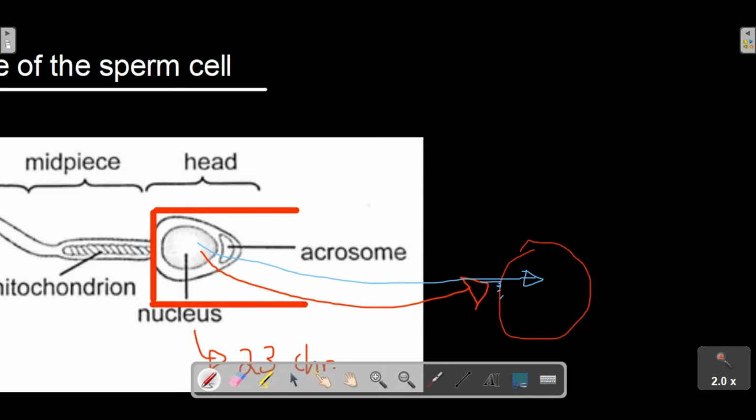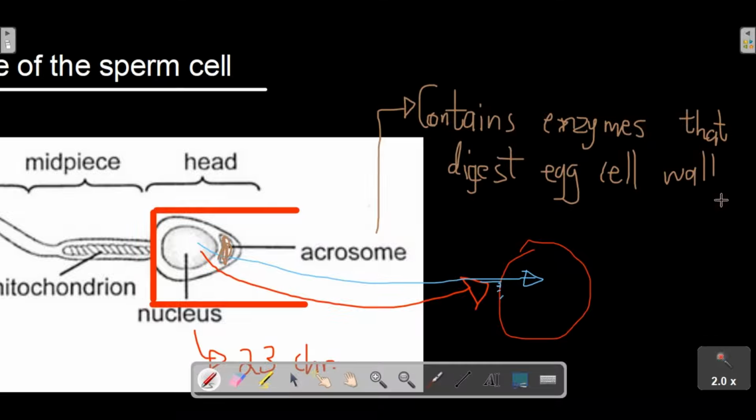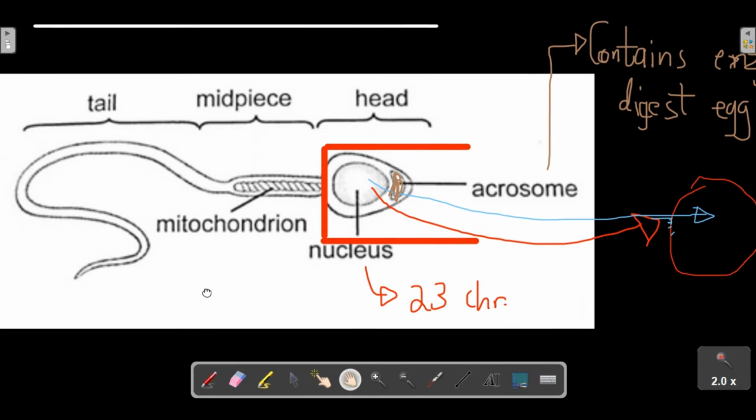The acrosome is found in the head of the sperm cell, and it contains enzymes that digest the egg cell wall, or the layer of jelly. We'll talk about the jelly layer of the egg cell. So this acrosome consumes the wall so that the nucleus of the sperm cell can get inside the egg cell, right? So that is the function really there.